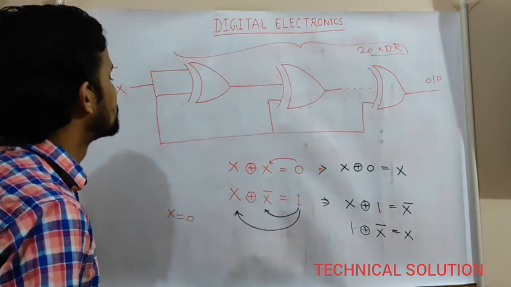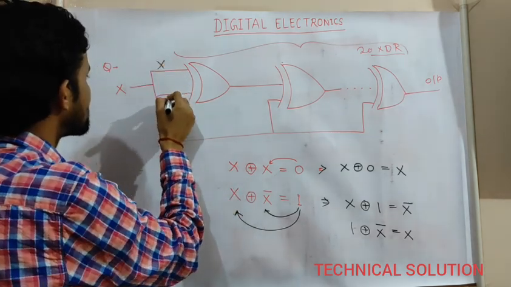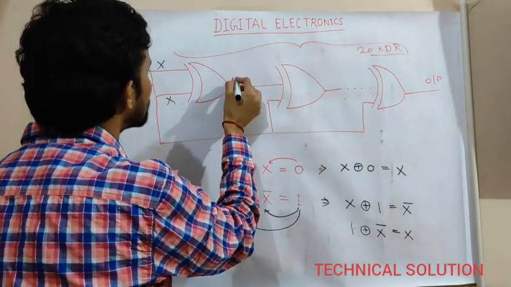From this we can see that this is X, and this is X. This X XOR X becomes 0.